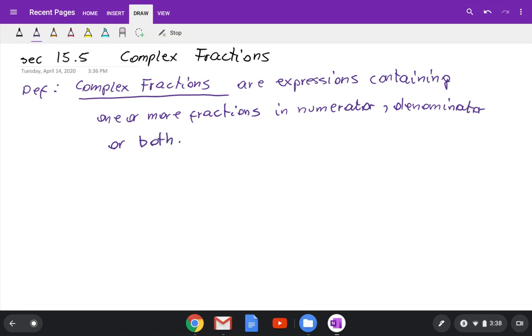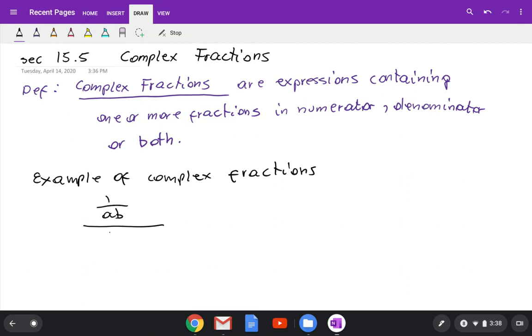So how do they look, okay? I like to call them step fractions. Example of complex fractions: let's say you may have 1 over AB and everything is over 2 over B. That's a complex fraction.